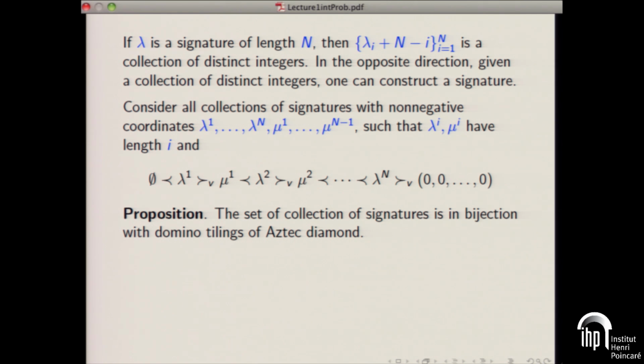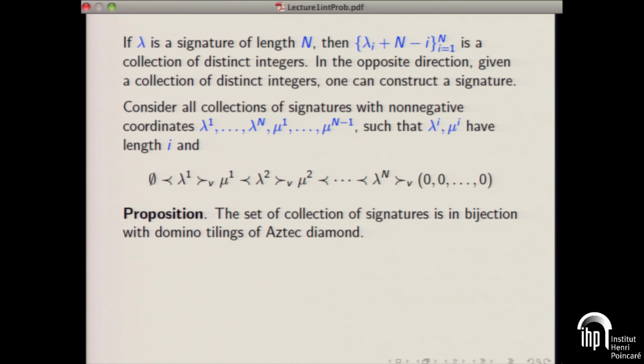This is also n integers, but now they have to be distinct because I subtract this i. So even if they did coincide before, after this shift I obtain distinct integers, distinct particles.